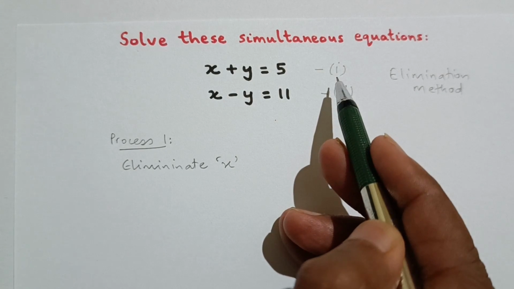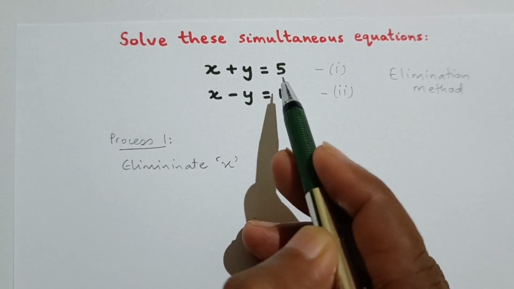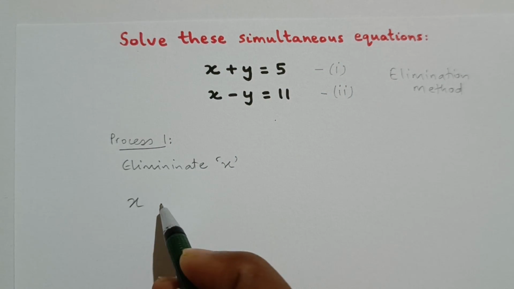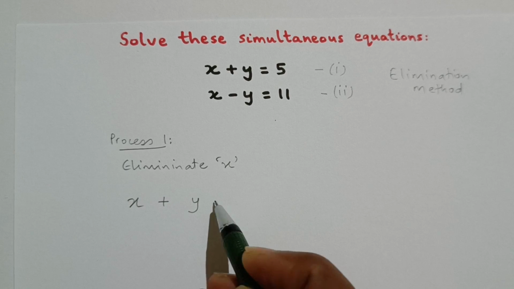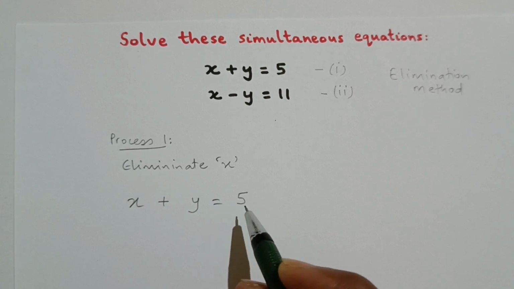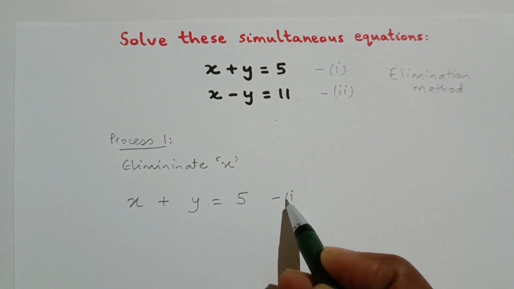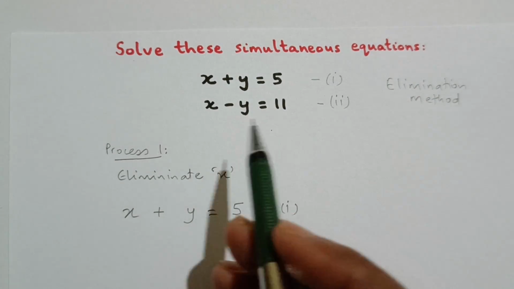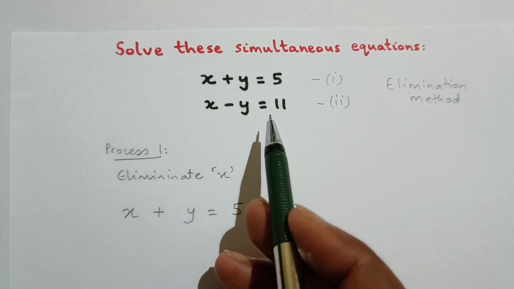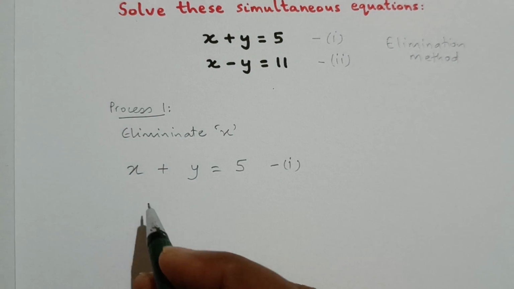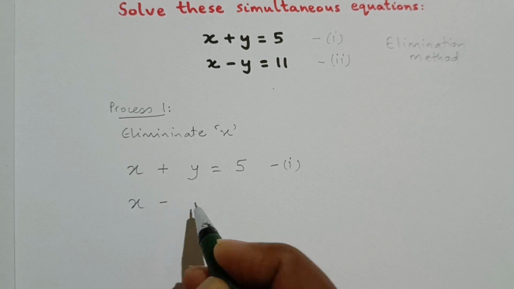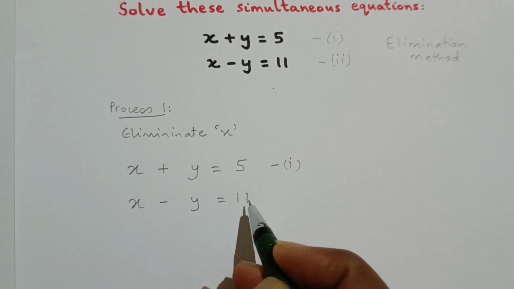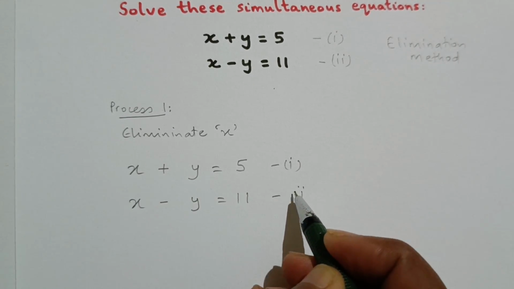Equation number 1 is x plus y equals to 5. This is equation number 1. And equation number 2 is x minus y equals to 11. This is equation number 2.